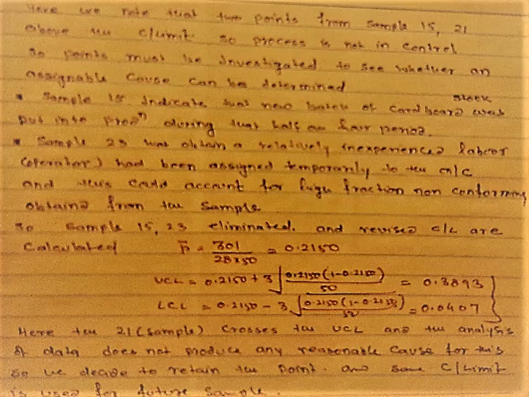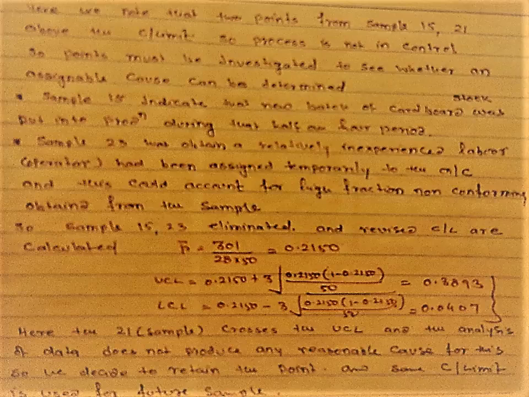Now we start analyzing the non-conformities which are not within permissible limits. Then we determine the cause, and whether it is an assignable cause. It can be determined from sample 15.